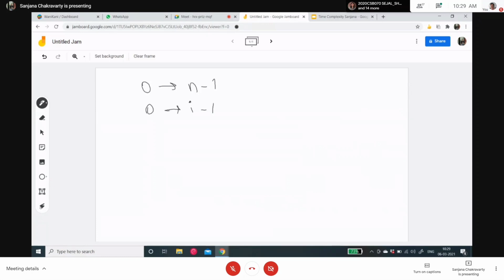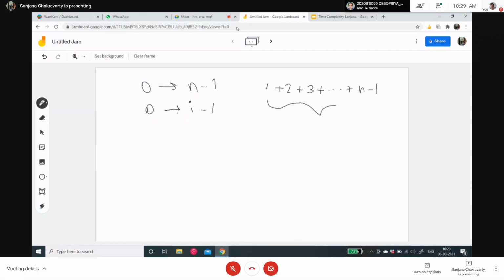When i is 1, j runs once. So that's one operation. Plus, when i is 2, j runs twice. And when i is 3, j runs thrice. And it goes on until i is equal to n minus 1, so j runs n minus 1 times.